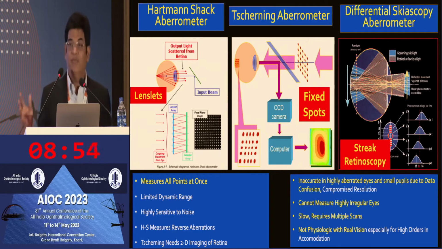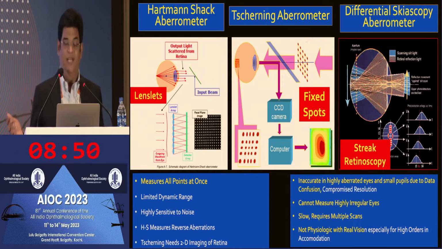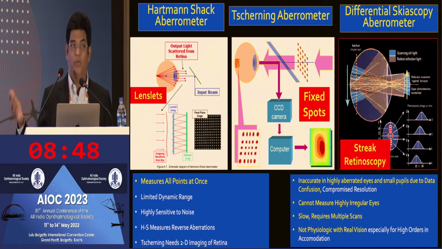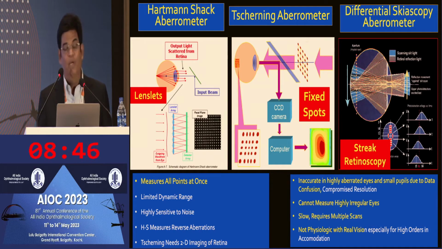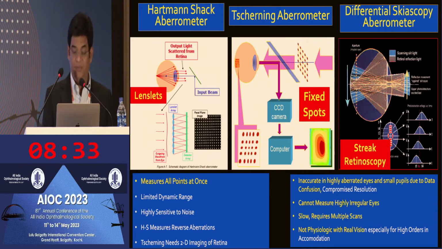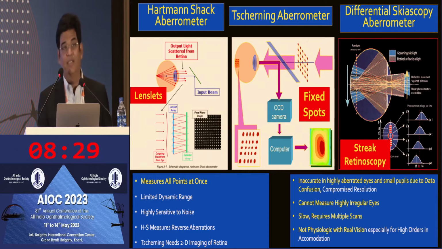Or fixed spots are fired into the eye and they are analyzed once they exit the eye. Or in skiascopy, there's a broad beam kind of pattern. But what happens is it leads to errors. There is something known as the crossover effect, or there is a duplication of points which are read, or some points are not read. So there are so many things by which the ray tracing analysis is superior.